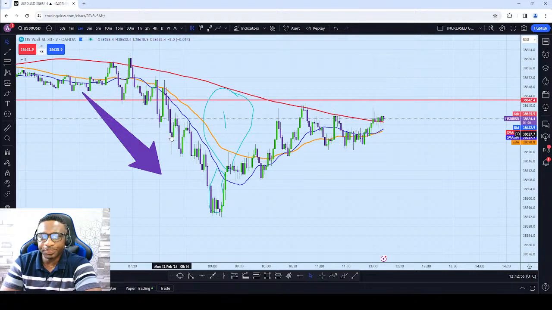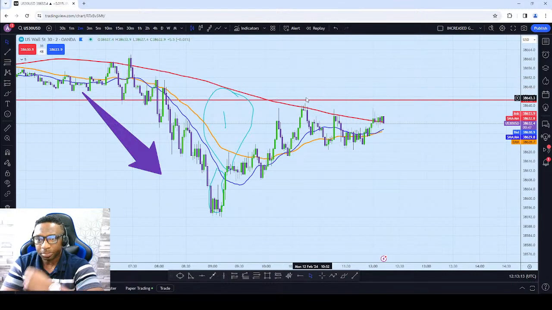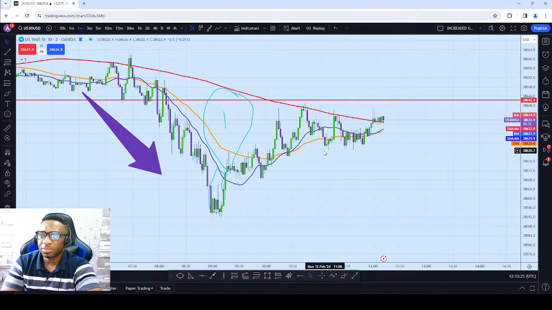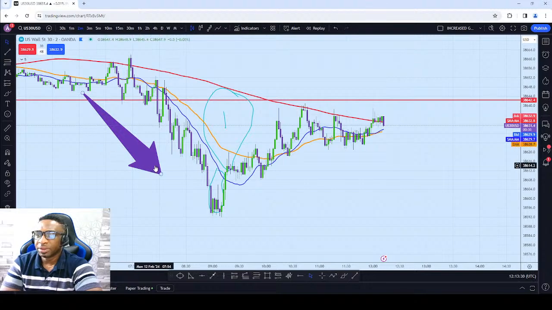The strategy we are using here is simple: if price goes below the 20 moving average, we trade downwards. If it goes above the 20 moving average, we trade going up. As simple as that. And you can use this strategy on any symbol at all that you are interested in trading in the market.